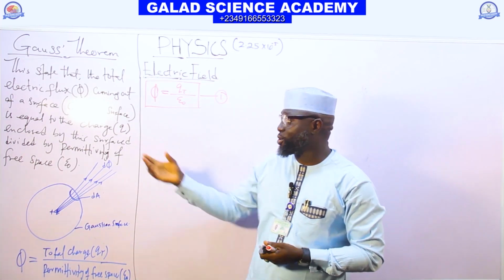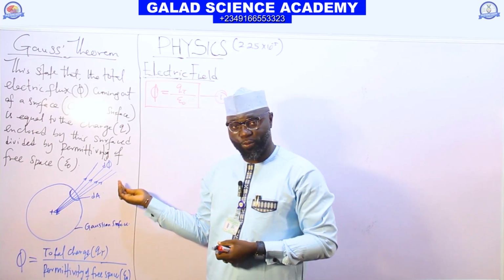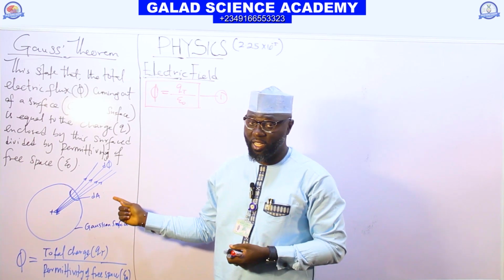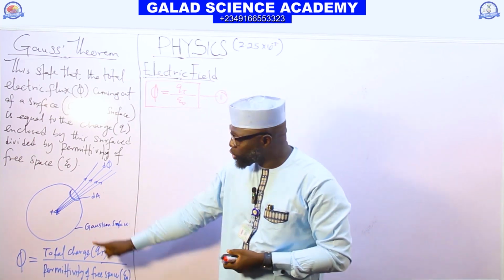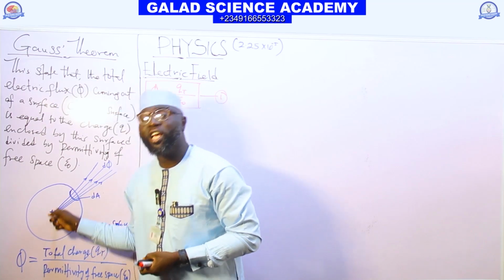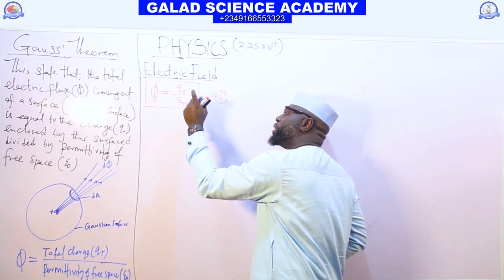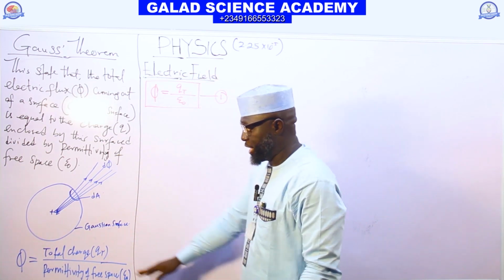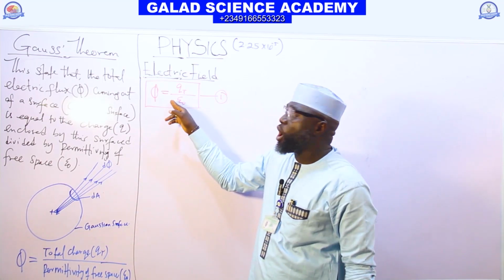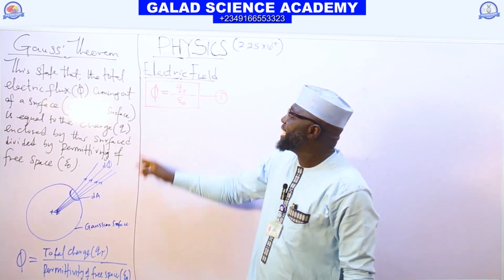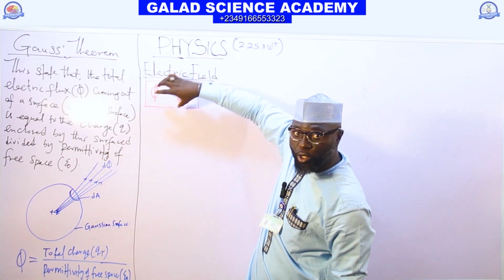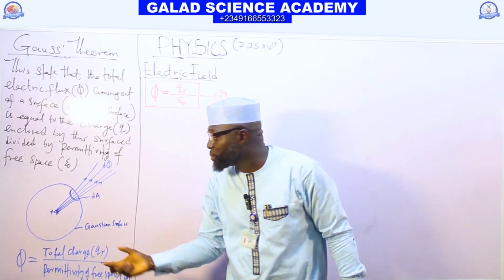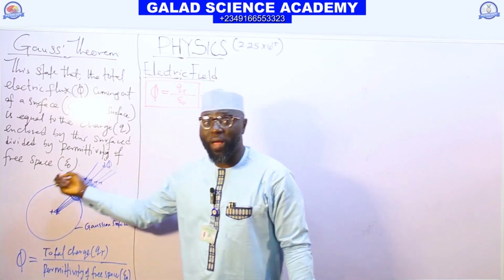In summary, the Gauss theorem says that the electric flux that is coming out from a spherical surface is equal to the total charge we have inside the surface divided by the permittivity of free space. This theorem states that the flux coming out from a surface, the surface must be a closed surface.